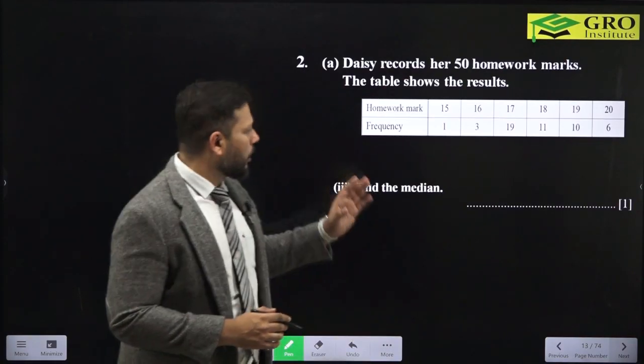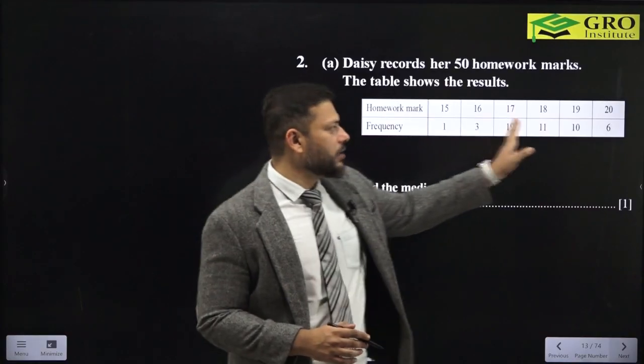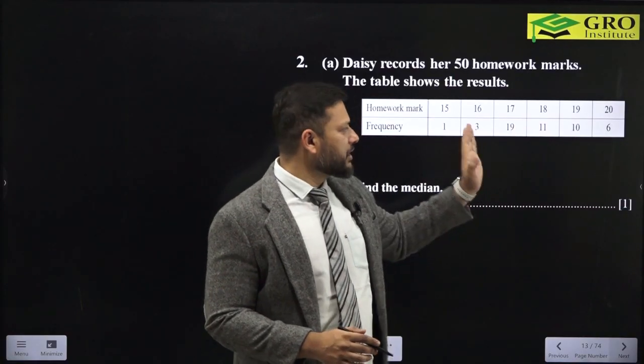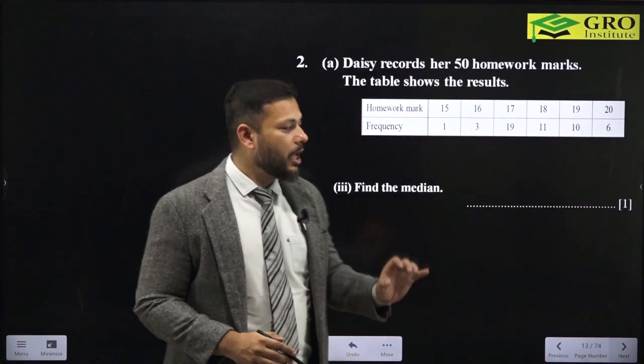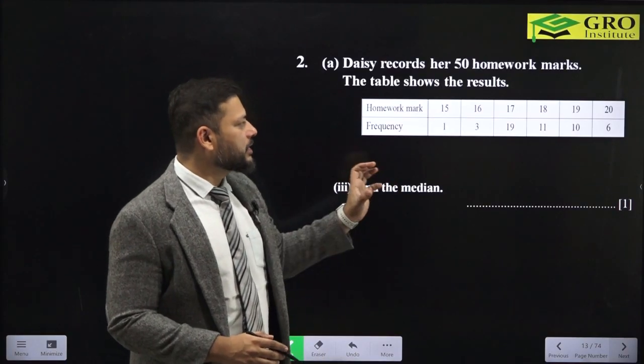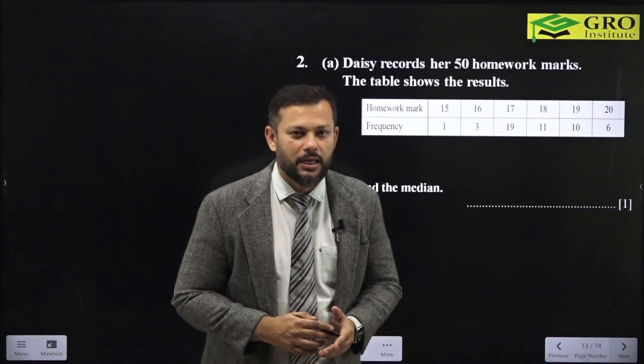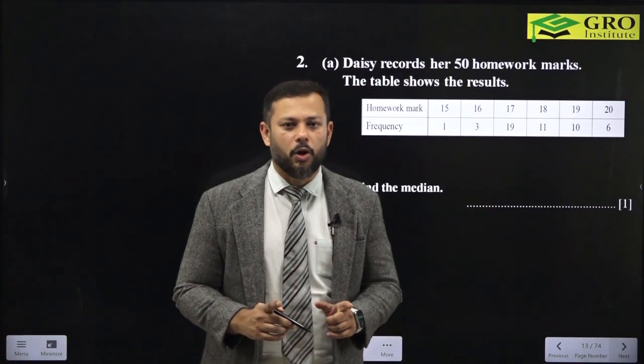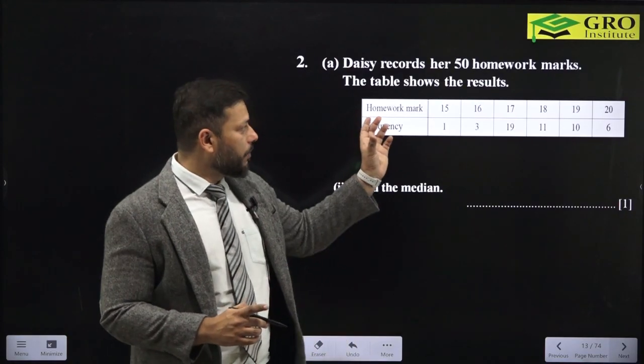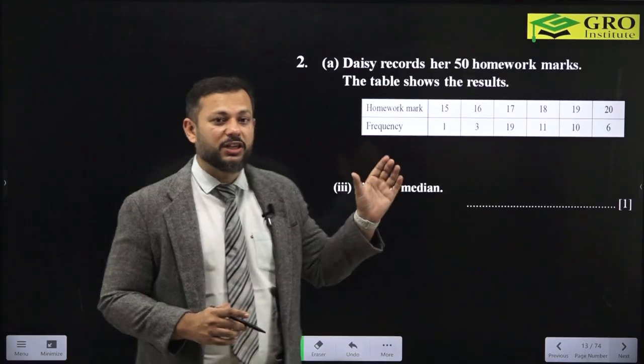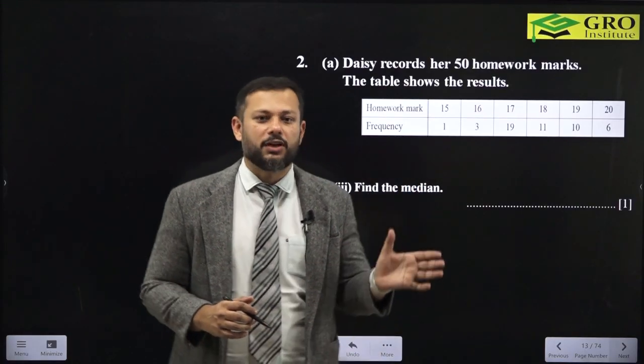Already you can see that this has been arranged in ascending order, 15, 16, 17, 18, 19, 20. How many marks are there? These are the 50 homework marks. So median also depends upon the number of values, the frequency. If it's odd, it would be different. If it's even, it would be different.